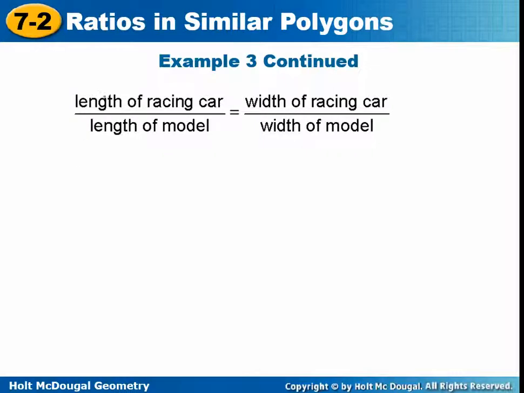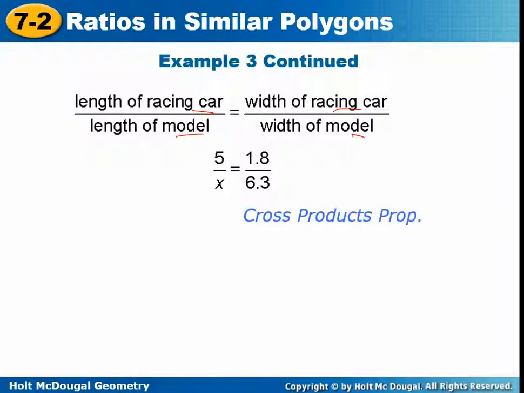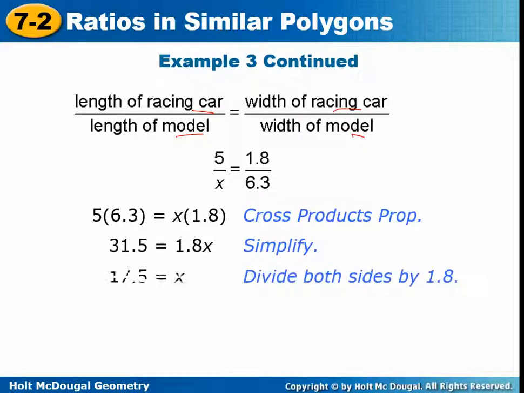So in this one, they're putting the racing car on top of each, and then they're doing model on the bottom of each ratio. That's not the only proportion that you could do to get this to work correctly, but it does work. And then you use cross products like we learned about in 7.2, and you find x. So in this one, 17.5 equals the length of the model.